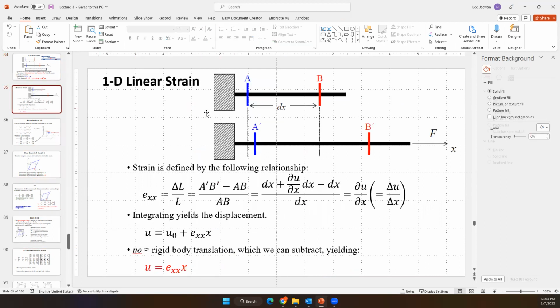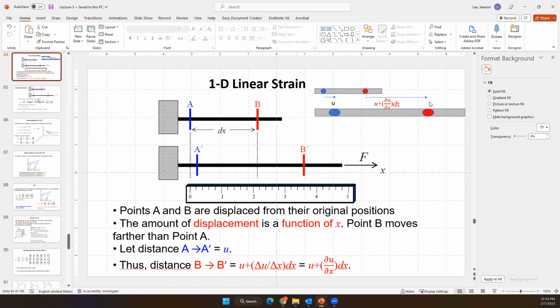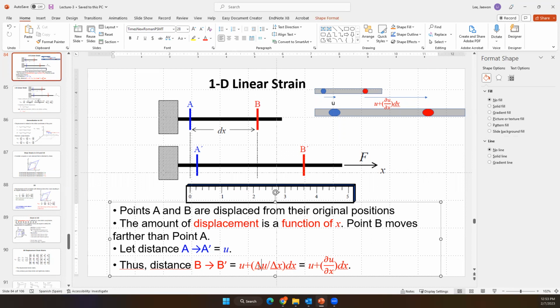Sorry, I have a question. What is the distance of delta U?